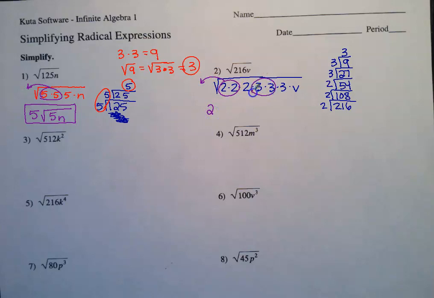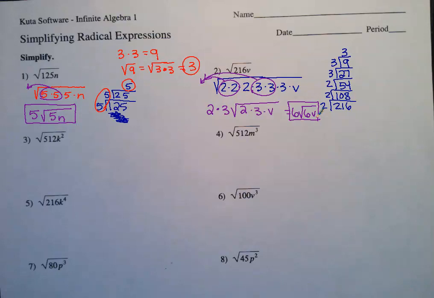There are 2 3's that we can also pull out. So it's going to be 2 times 3 times the square root of 2 times 3 times v. And then we simplify this. 2 times 3 is 6. And so we have 6 times the square root of 2 times 3, 6v. That is the simplified one there.